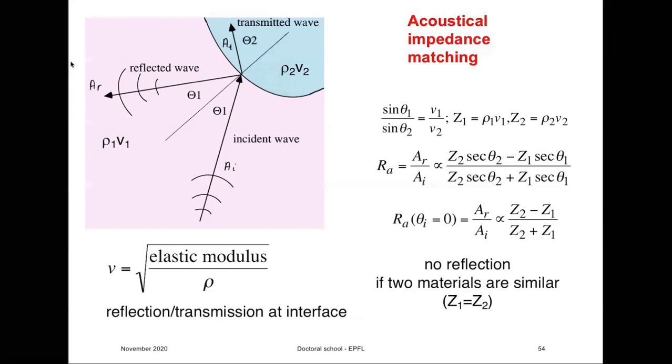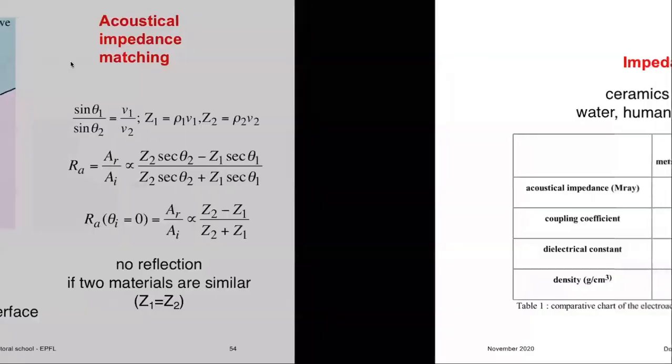If you are inspecting a piece of metal, then there will be a good acoustic matching with the piezoelectric ceramic. If you want to inspect biological matter, the human body, then there will be a large difference. And there are ways to compensate for this.